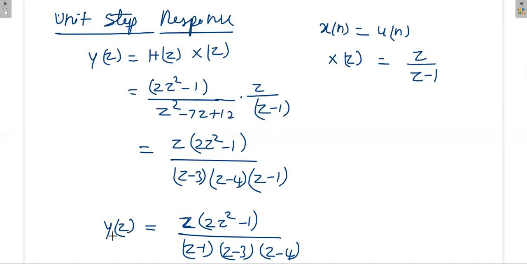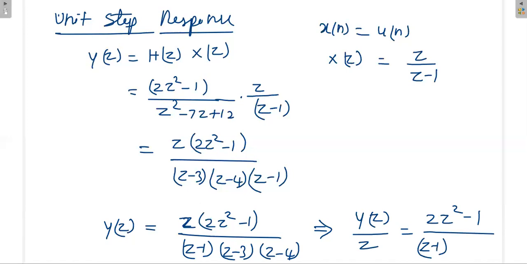So for this Y(z), we have to take inverse z transform, and we know that to find the inverse z transform, when we are with the positive power, we have to take the z downside. That means Y(z) divided by z is equal to (2z² − 1) divided by (z − 1)(z − 3)(z − 4).